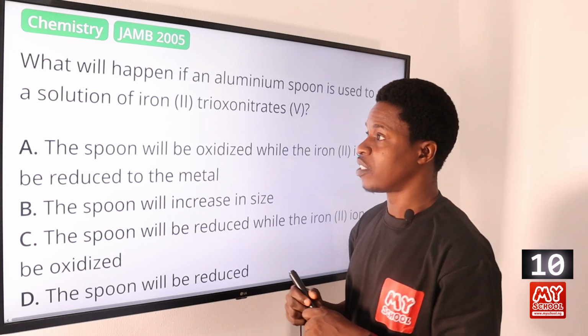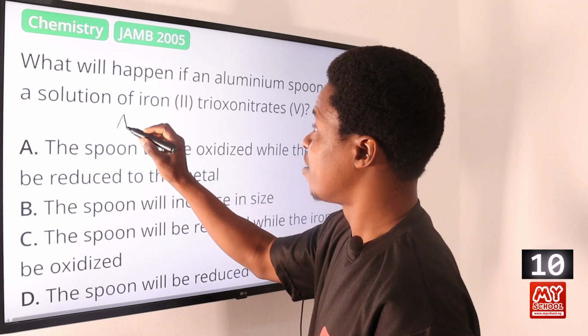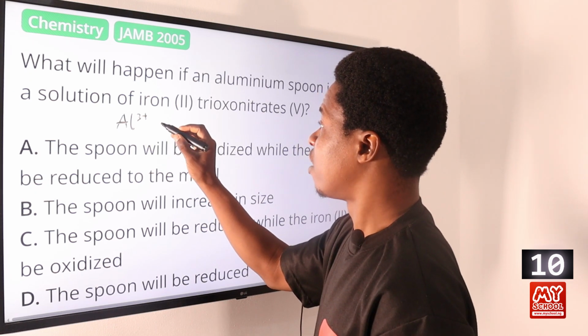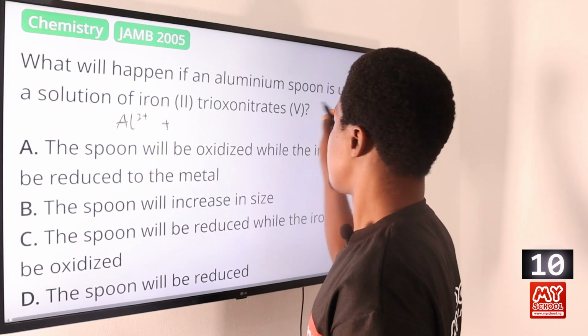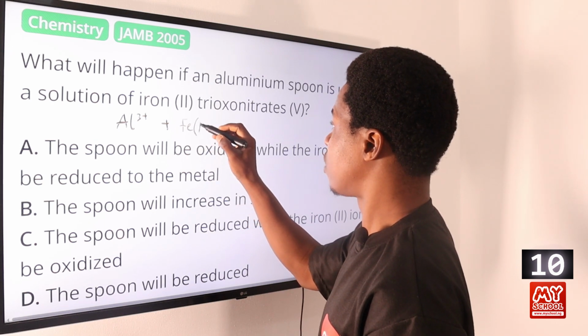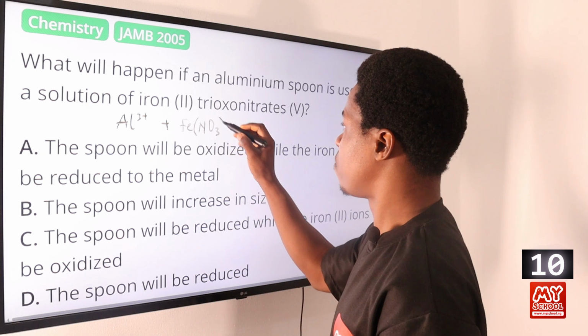Okay, let's see what happens here. We'll have Al, that's the aluminium spoon, made up of aluminium, then reacting with Fe trioxonitrate 5, so this will be 2 here.